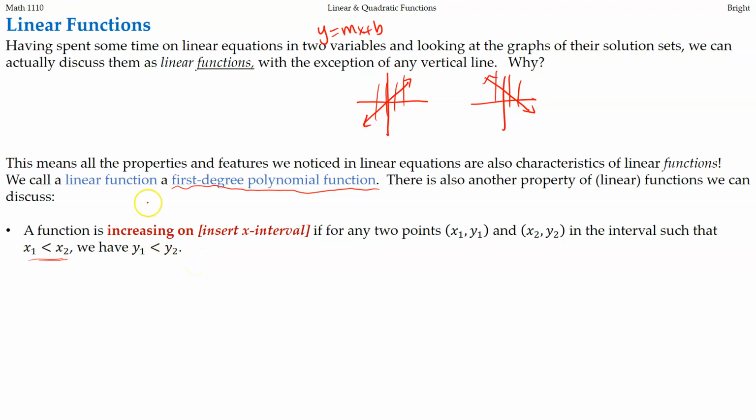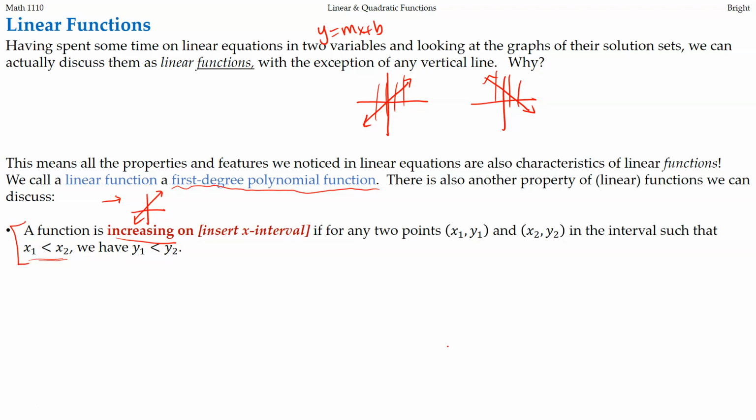So really, increasing is: as you go left to right in the graph, is it going up? In linear functions, it would be equivalent to, does it have a positive slope? You'll see we're going to use this both in linear functions, in quadratic functions, and in the other functions that we discuss as well.